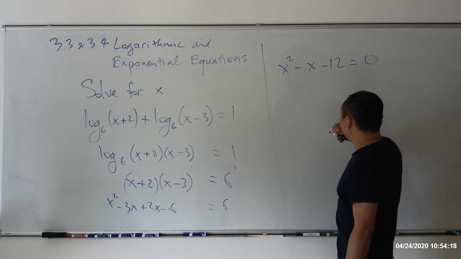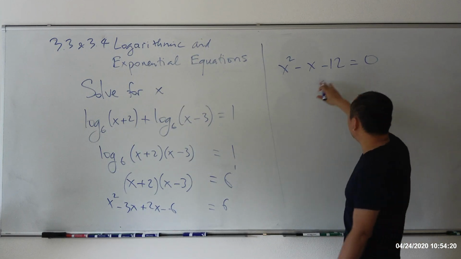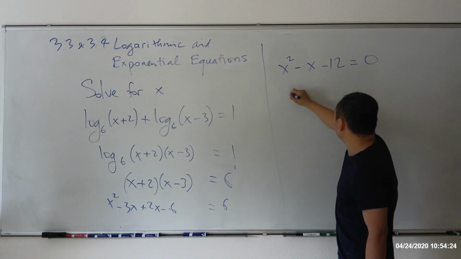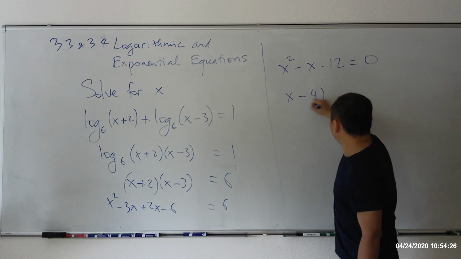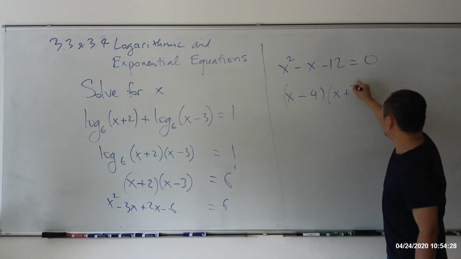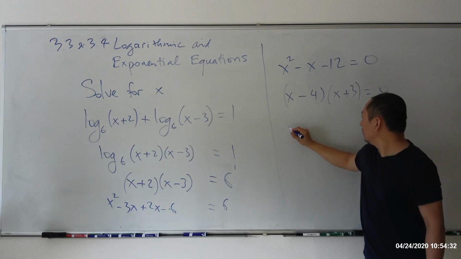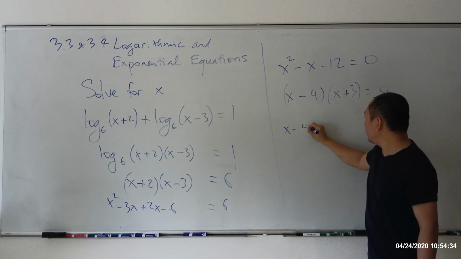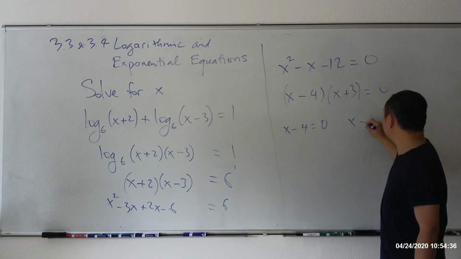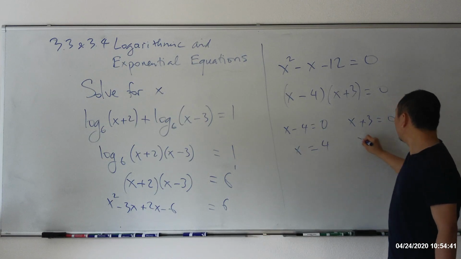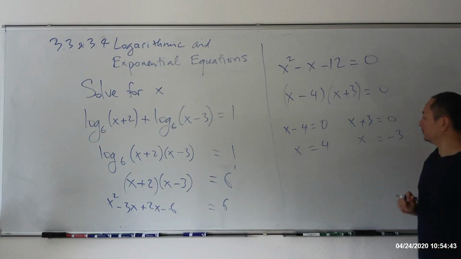Now, you can use the quadratic formula or simply factor. I can see that this one is factorable. We can factor this: x minus 4 times x plus 3 equal to 0. You have two equations, x minus 4 equal to 0, or x plus 3 equal to 0. x equal to 4, or x equal to negative 3.